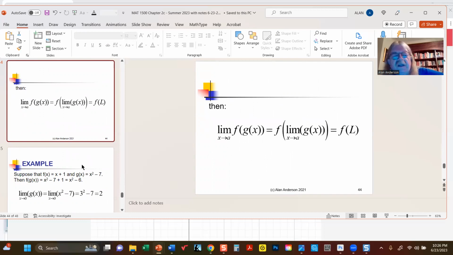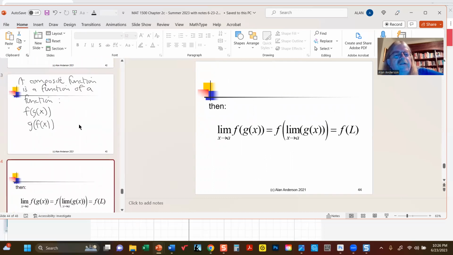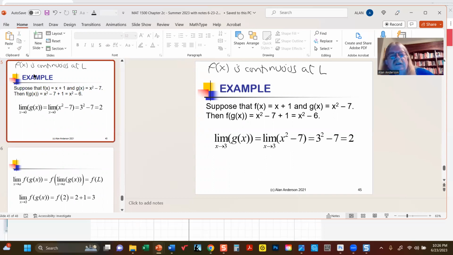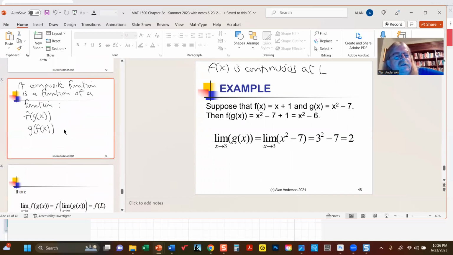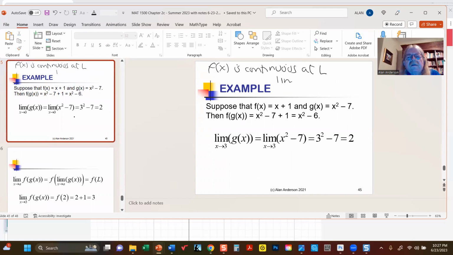All right, so let's look at an example of this. That's a very abstract idea. F of x is continuous at L, and the limit as x goes to a of g of x equals L. These are the two requirements.